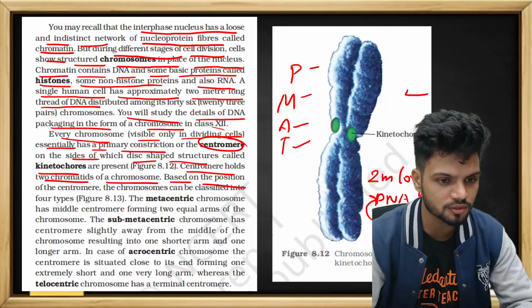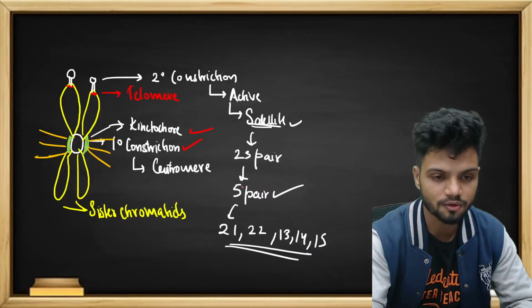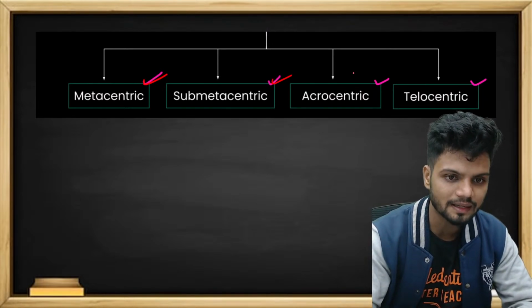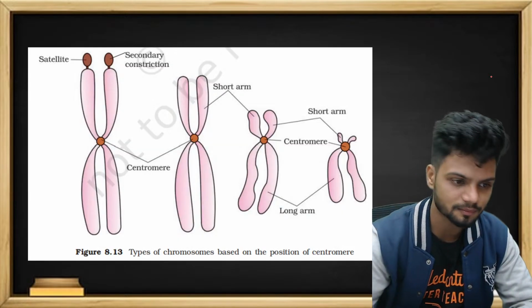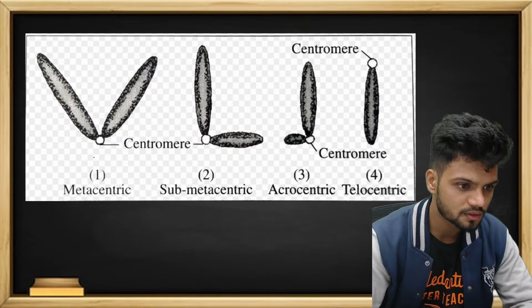Based on the position of the centromere, chromosomes can be classified now. For example, into metacentric, submetacentric, acrocentric and telocentric. You can see here.